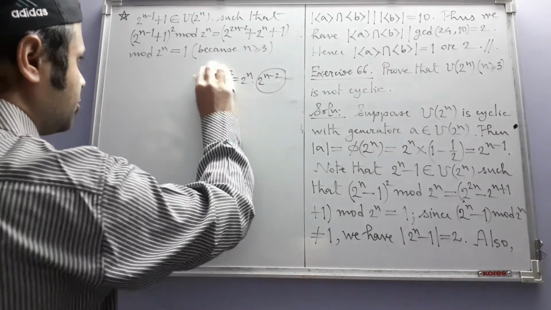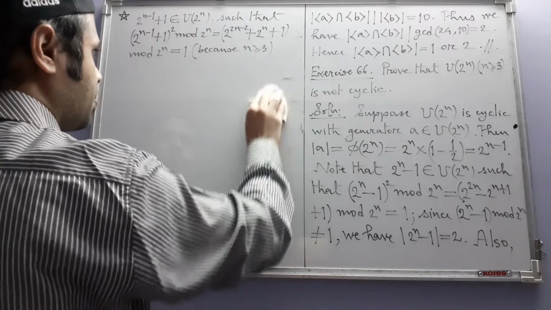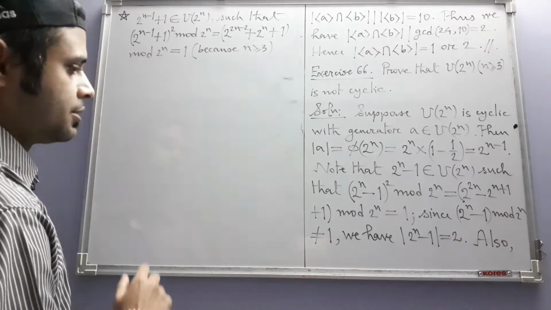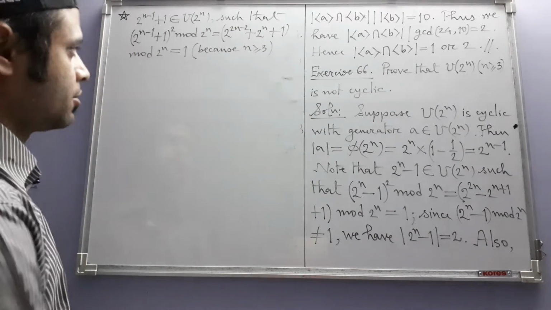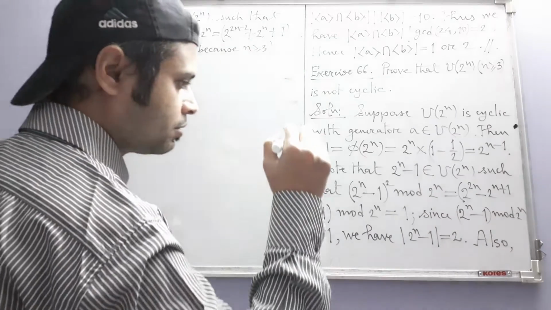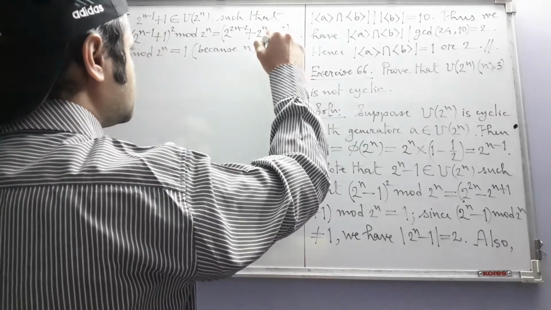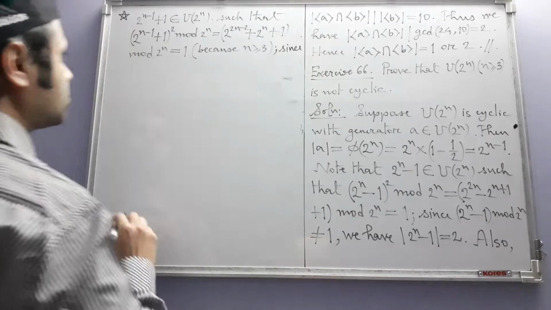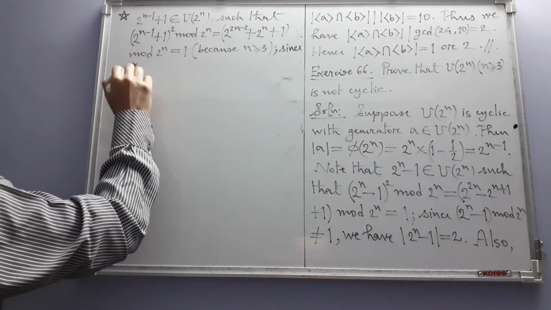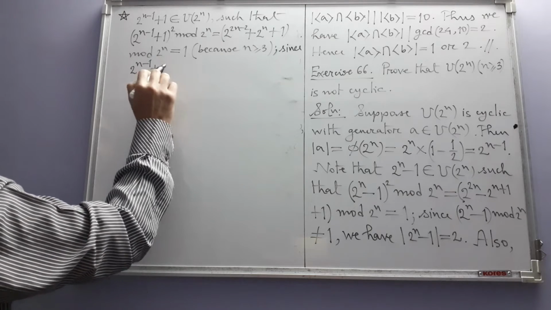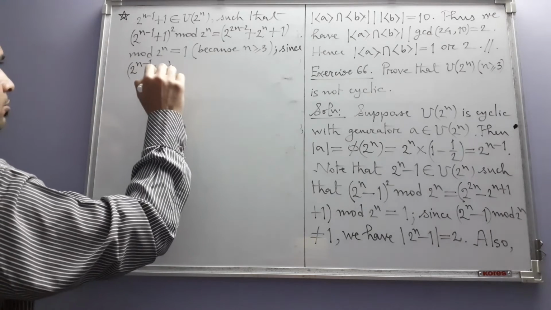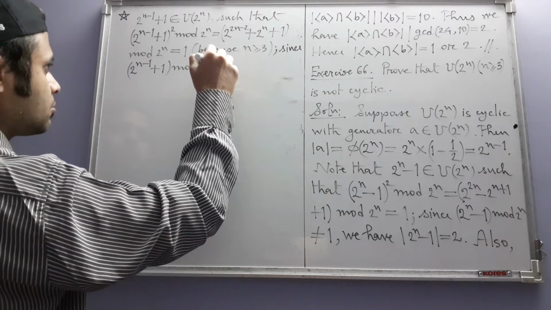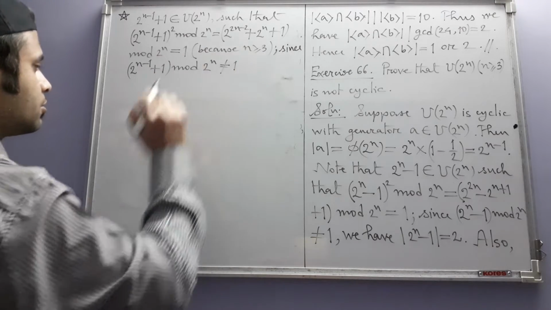Now, like that previous one, we now have to argue that the element itself is not equal to 1, since this is not equal to 1.